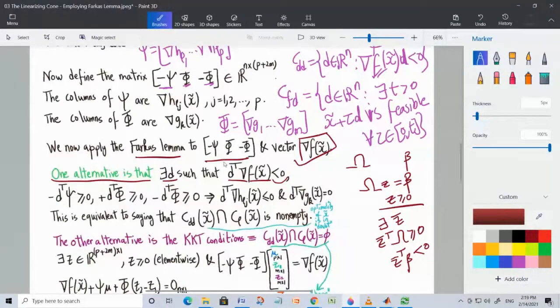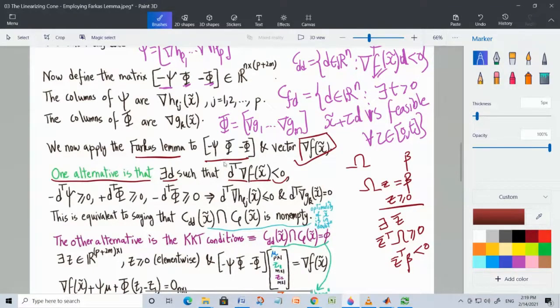So D is living in what cone? D is in what cone? Its inner product with the gradient of the function at x tilde: exactly, the cone of descent directions.